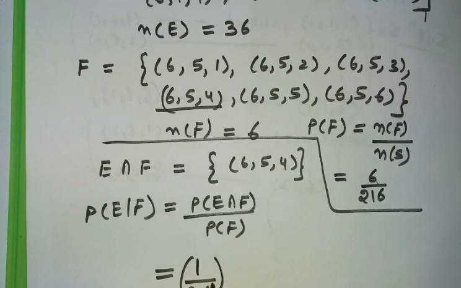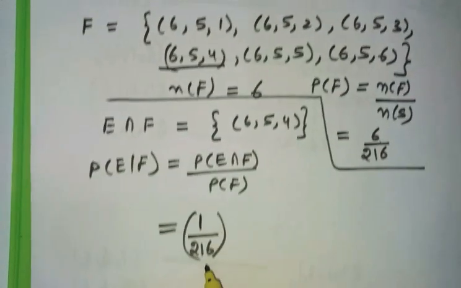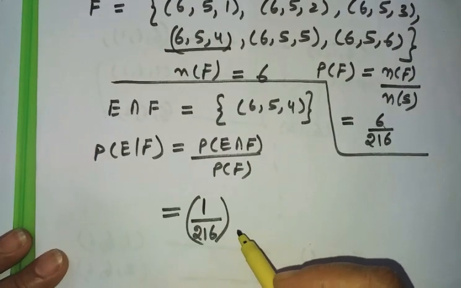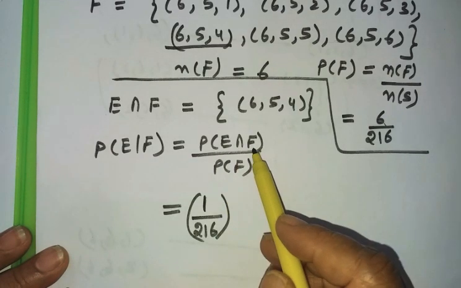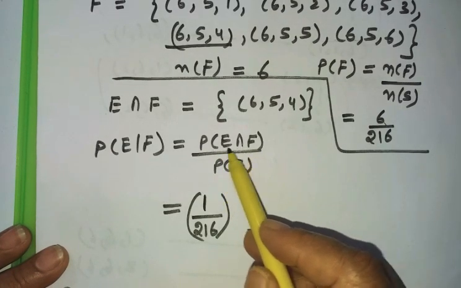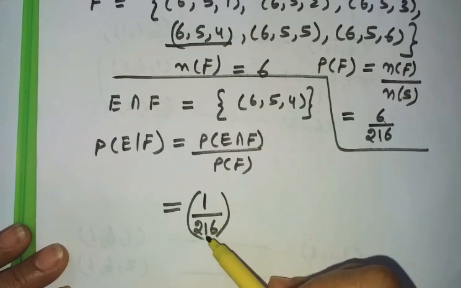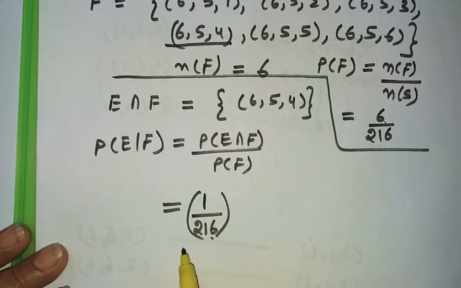So this is the probability of E intersection F. We very well remember from the definition of probability that probability of any event is equal to the number of elements in that set divided by total number of elements of sample space. Divided by the probability of F that we have already calculated, 6 upon 216.